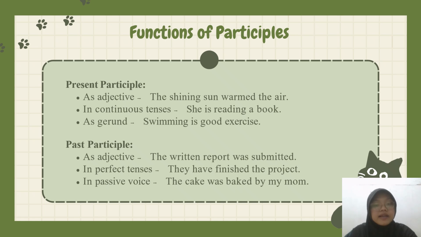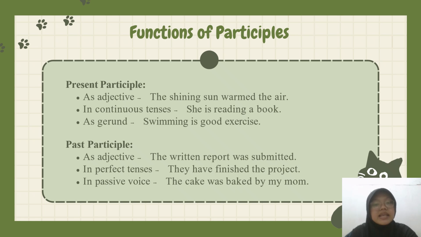Next, in perfect tenses. They have finished the project. Here, finished is the past participle of finish. It's preceded by have, forming the present perfect tense. This indicates that the action of finishing has occurred in the past and has a connection to the present.